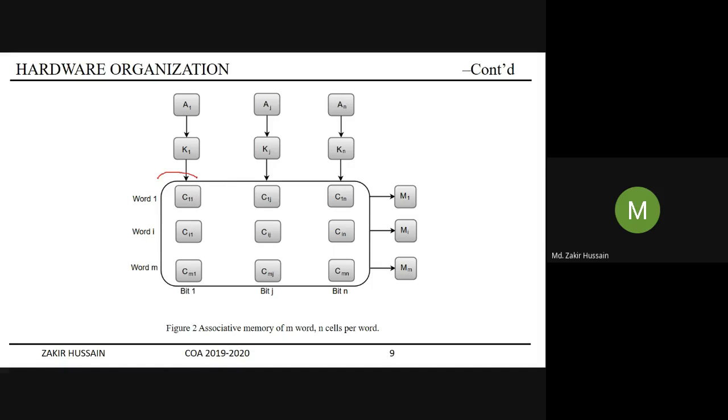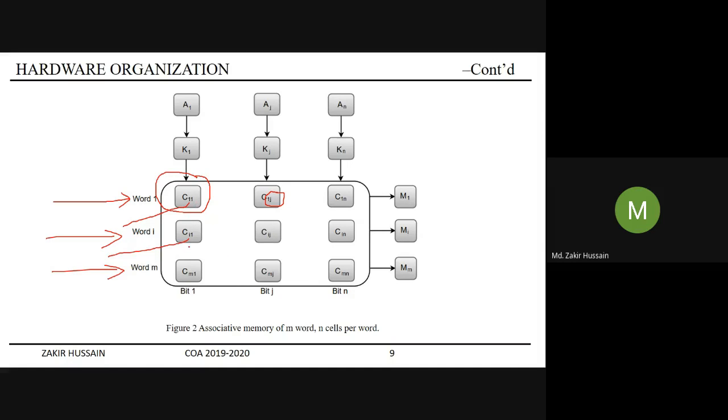Everywhere you see the suffix, this first suffix. There are two suffixes here. I'm talking about the first suffix. It's indicating the word: word 1, word i, word m.